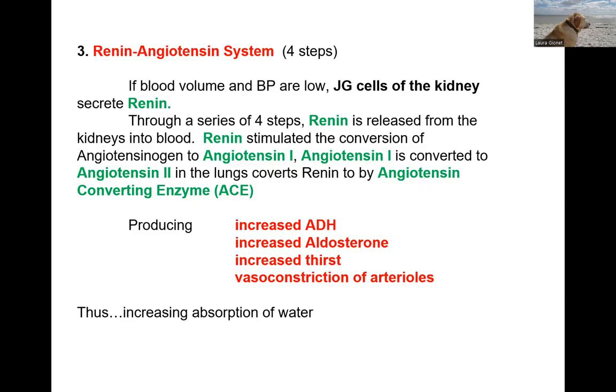That renin is going to circulate, and it's going to come across an inactive molecule called angiotensinogen there in black. When they end in OGEN, it means a molecule like this is constantly being produced, but it's inactive.